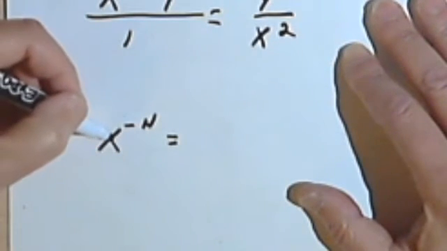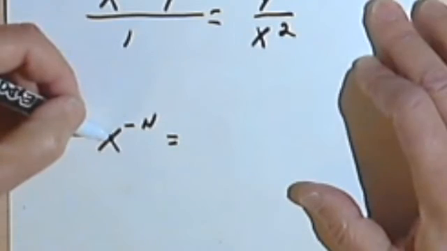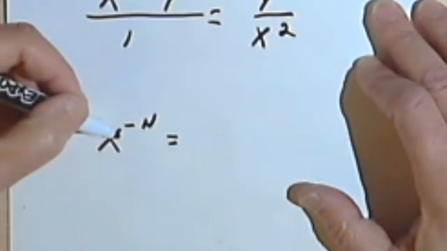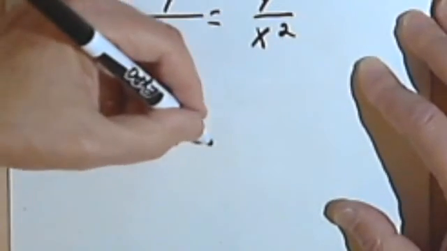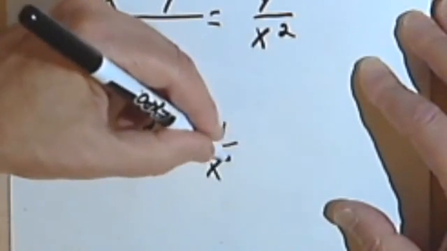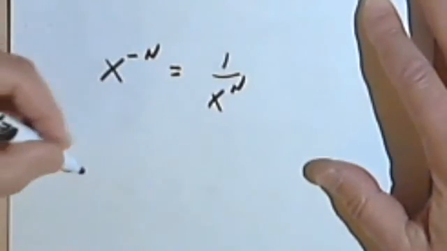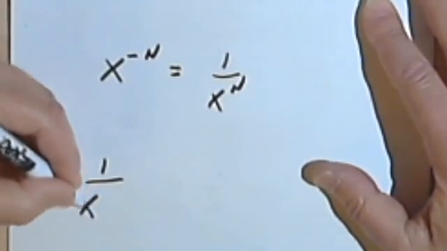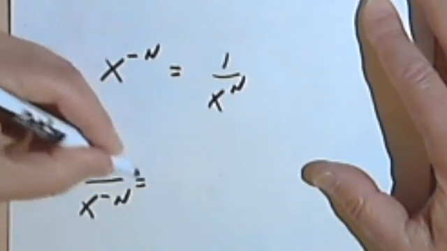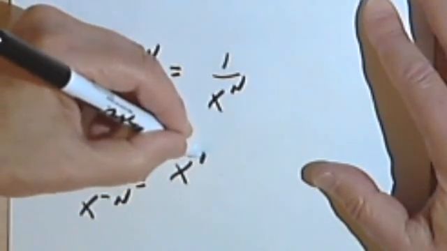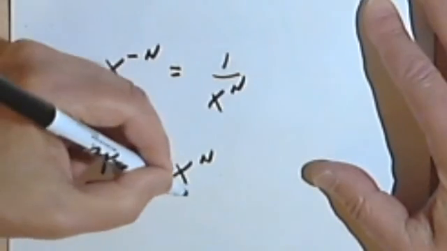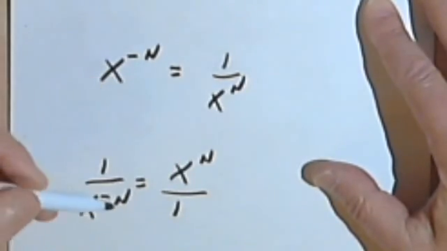You move it from the denominator to the numerator or the numerator to the denominator and change its sign. So this is going to become 1 over x to the n. And if we had 1 over x to the negative n, that would become x to the n. You could write over 1, but you don't have to put that part in.